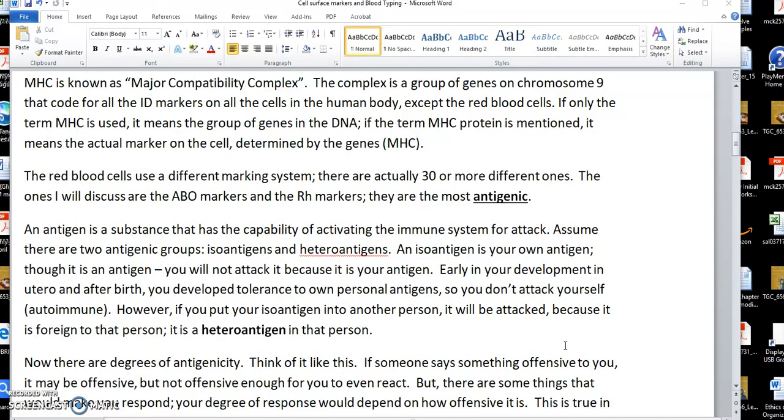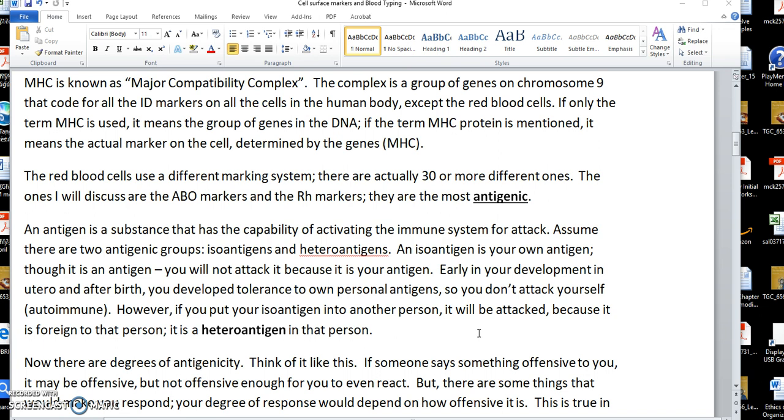Okay? When I say they are the most antigenic, there are degrees of antigenicity, like offensiveness. Someone may say something to you that's offensive, but you say, oh, no big deal. But someone may say something that really hits at your core that's very antigenic, and you're ready perhaps even to fight. So just like there are degrees of offensiveness, there are degrees of antigenicity.